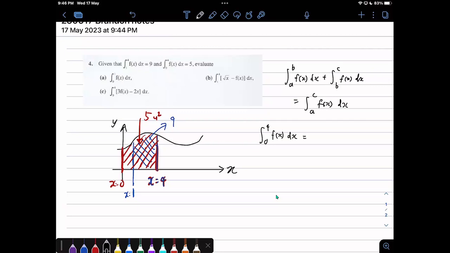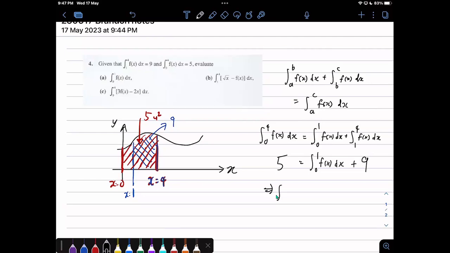You introduce something in between, which is 1. So the integral from 0 to 1 of f(x) dx plus the integral from 1 to 4 of f(x) dx. Then you realize that 1 to 4, that's the answer, it's 9. 0 to 4, that's the answer, it's 5. So this is the only thing that's left, which is what's requested in part A.